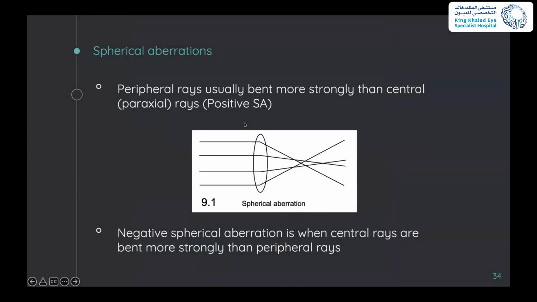Spherical aberration is when a peripheral ray is bent more strongly in the peripheral area compared to the central area. So this will be bent more than this part. This is a positive aberration. And a negative aberration is when the central ray becomes more bent compared to the peripheral part.